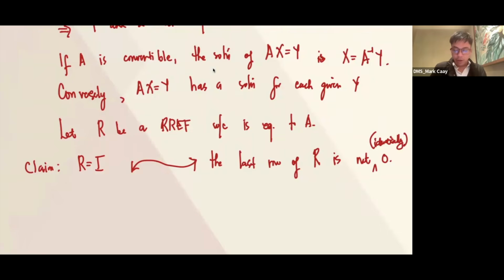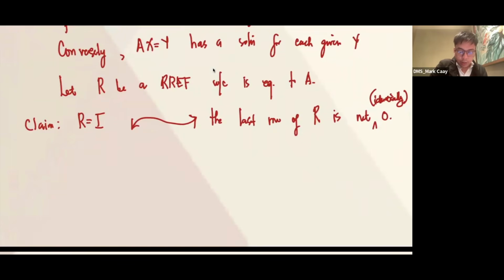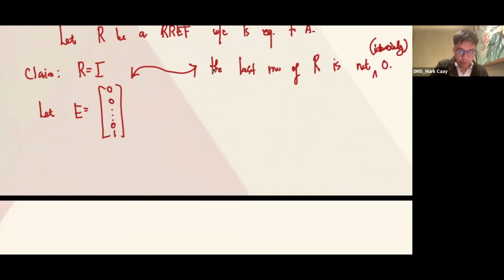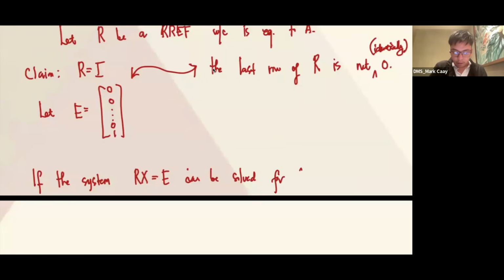Okay, so we let E be this one: 0, 0, and 0, 1. So if the system RX equals E can be solved for X, then the last row of R cannot be 0.